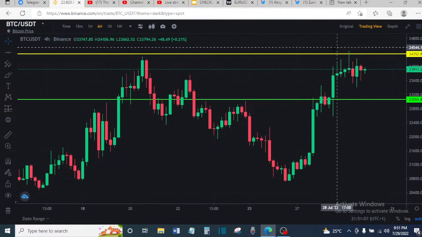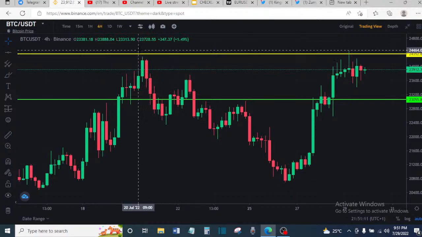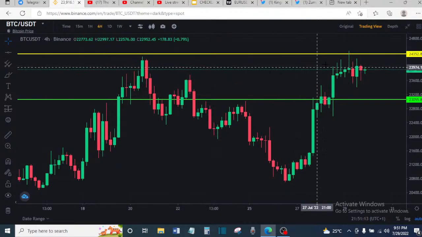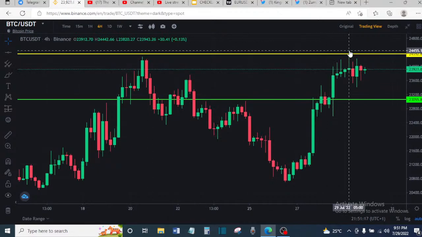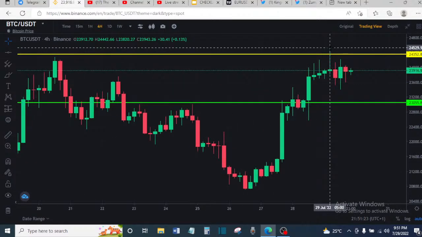Now that gave us the assurance that there is high probability that price can get to that point. So I have explained to you how price got to this point here.